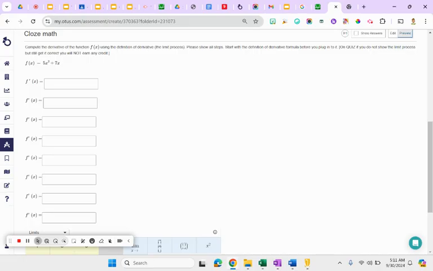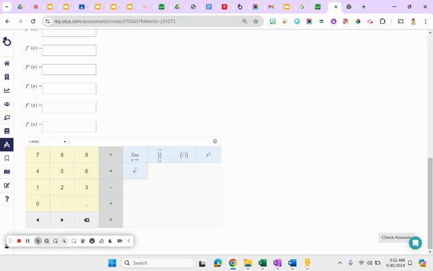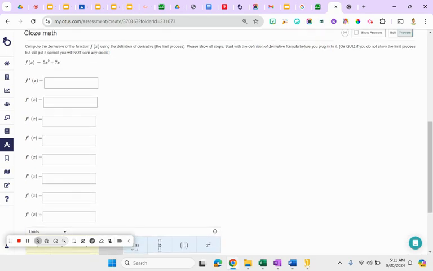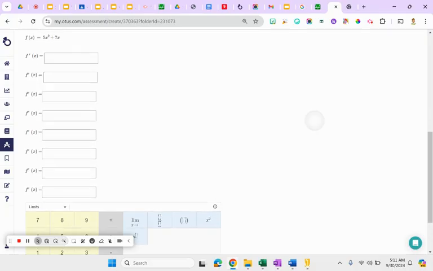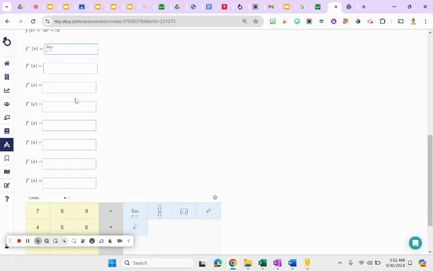So basically each of these lines is a line in the steps of the problem, and I have it set up on the review where you can go ahead and check each line if you'd like. So I'm going to start with my definition of derivative process. You'll notice down here that we have our limit. I'm going to click into this line and hit my limit. Now, we know our limit isn't x approaches, it's h approaches.